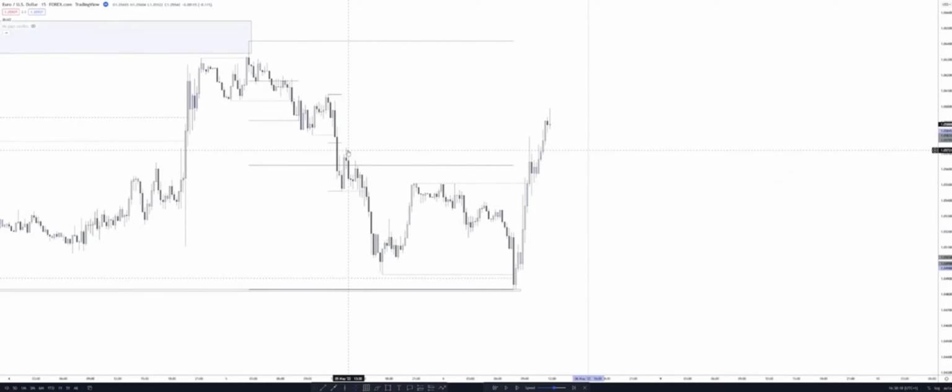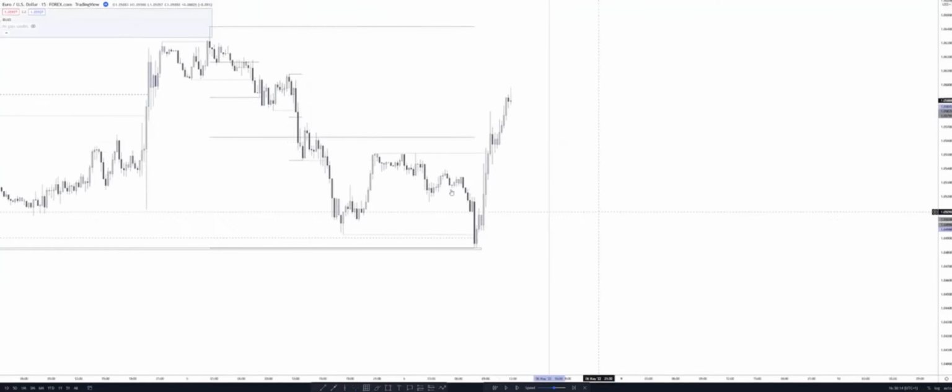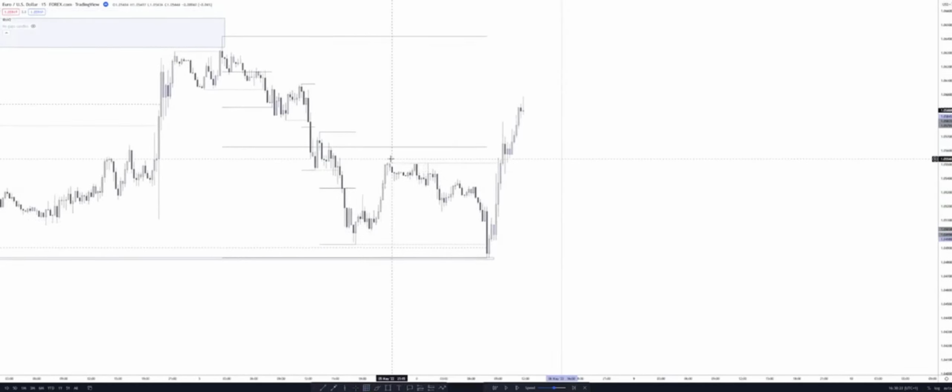Then we had this minor leg right down here, from here to here. And then price did react to something here and then proceeded to break structure again to the downside.